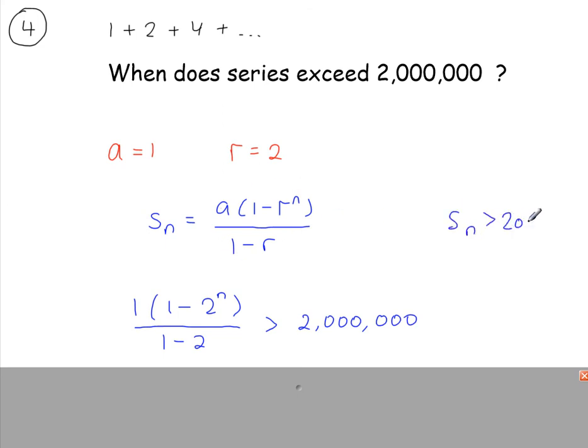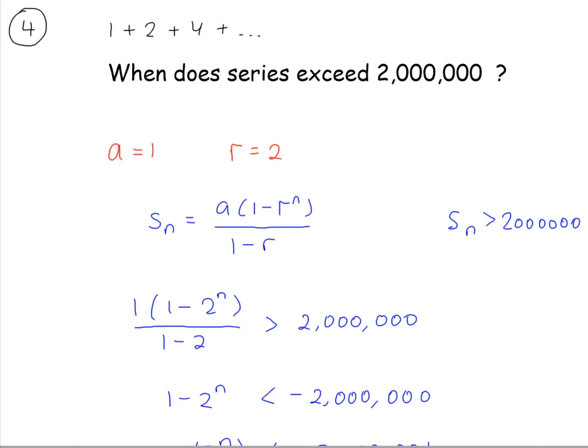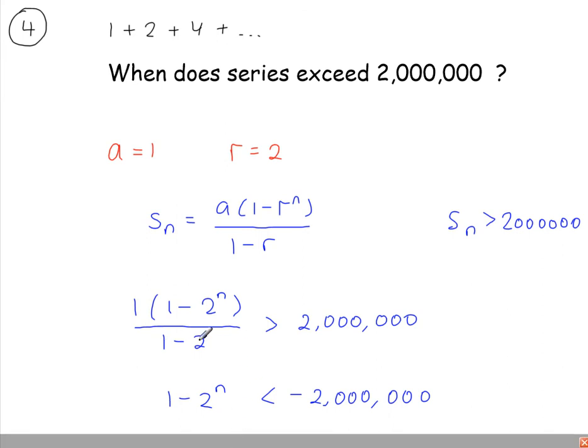1 minus 2 gives you minus 1. Because minus 1 is a negative number, I've multiplied both sides by it. If you're multiplying by negative numbers with inequalities, you have to reverse the direction of the inequality. To get rid of the 1 here, I'm going to subtract 1 from both sides.